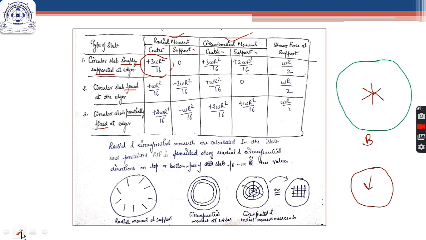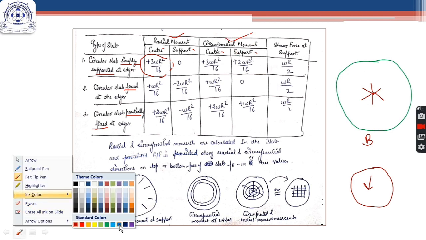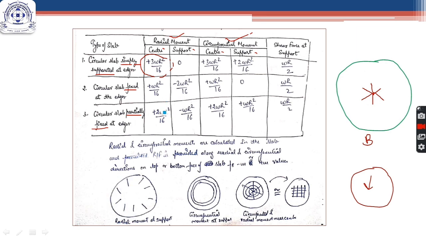Circumferential moment at center is 3wr square by 16. Okay, so this is also a positive value, so this will also be provided in the bottom face, but this is the circumferential moment, so it will be provided along the circumference. So the reinforcement due to circumferential moment is provided like this, and this will also be provided in the bottom face.